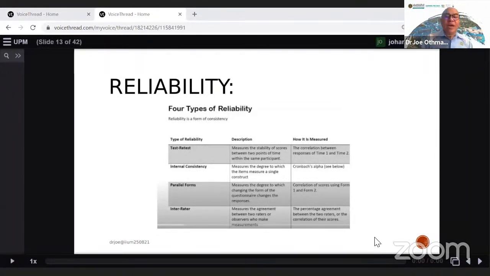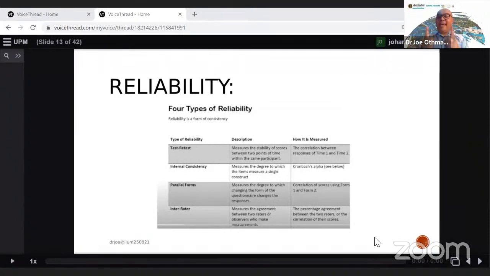The next one, I will go straight to parallel form. Parallel form is a little bit different. It's not exactly like test retest. Let's say we have one test, paper and pencil. Then we have another test after the second week, the same questions, but using computers.